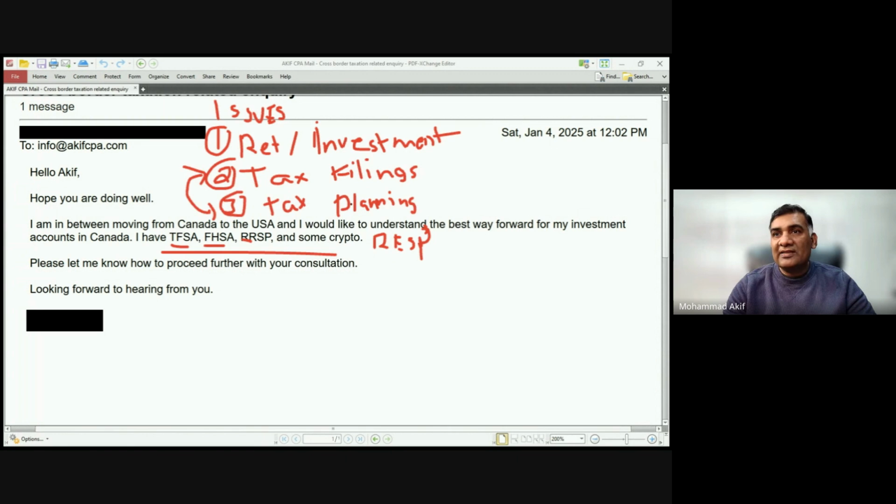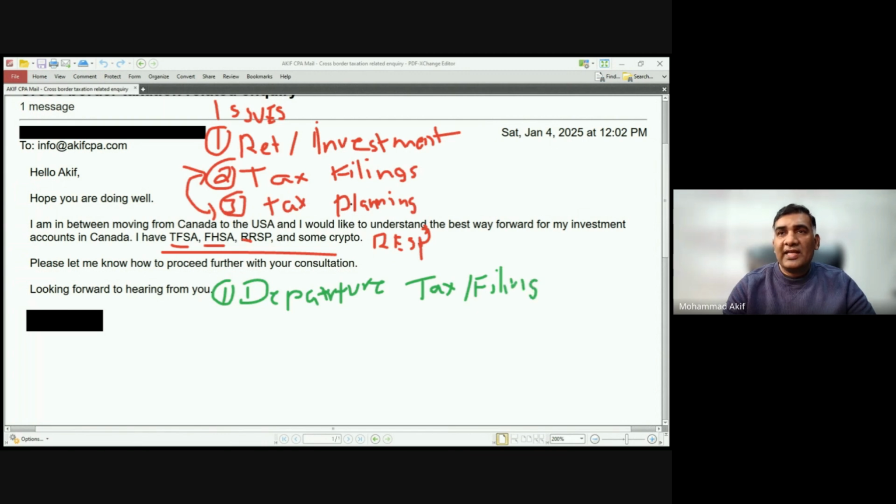So let's say in this scenario, this person is leaving Canada for tax purposes and becoming a U.S. person. So what happens on the Canadian side? The TFSA is not subject to any departure tax or filing.